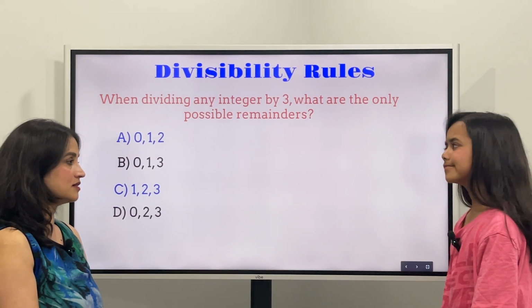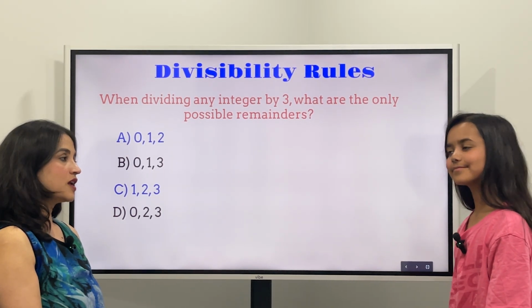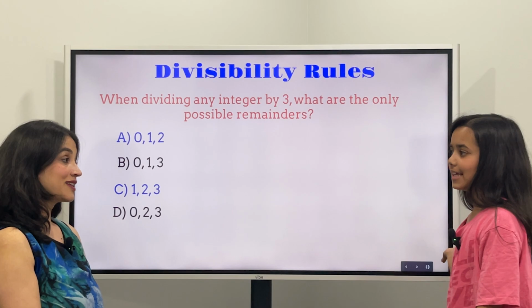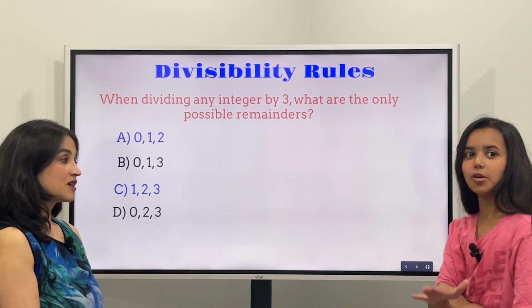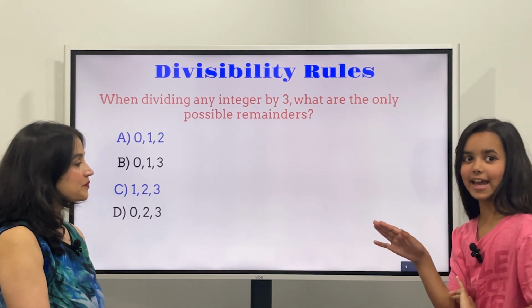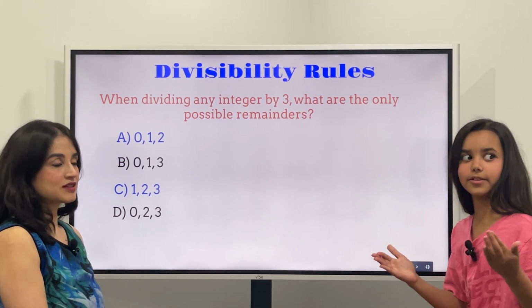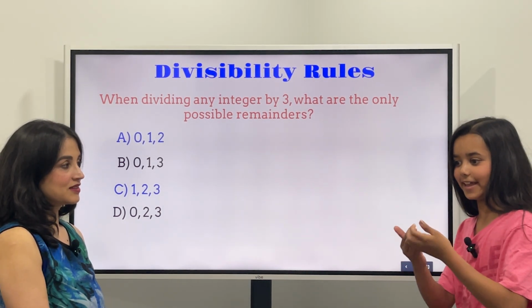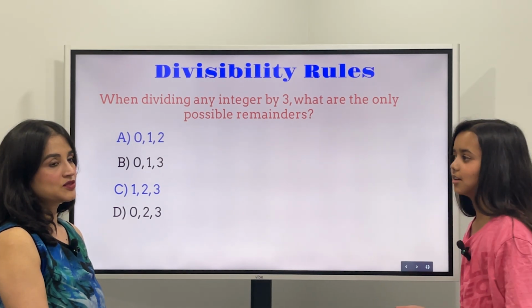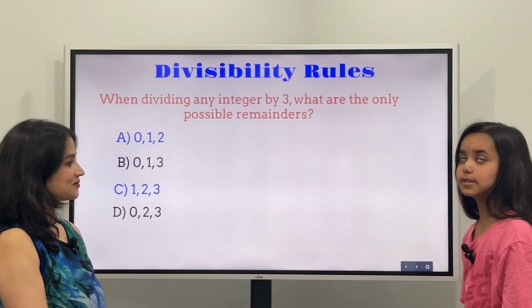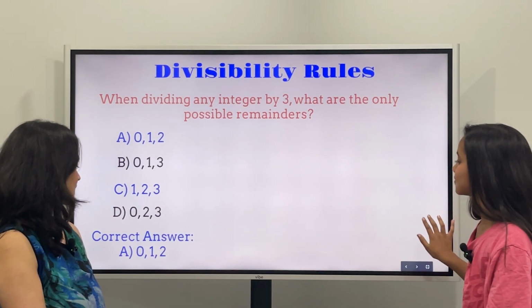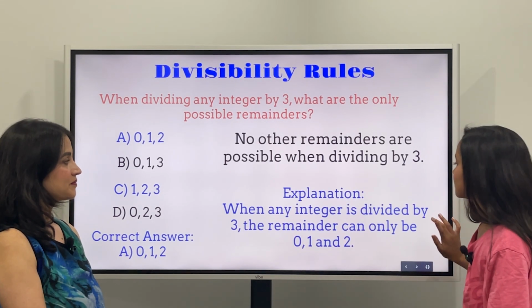Which will be the answer? I think it's A. And why? Because 0, 1, 2, and then it's below 3. Good. You can't get that answer, unless it's 3 times 0. So you are right.